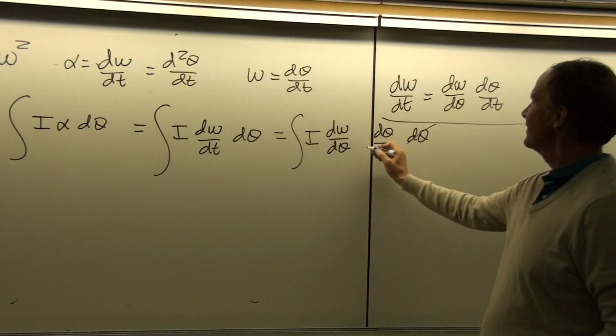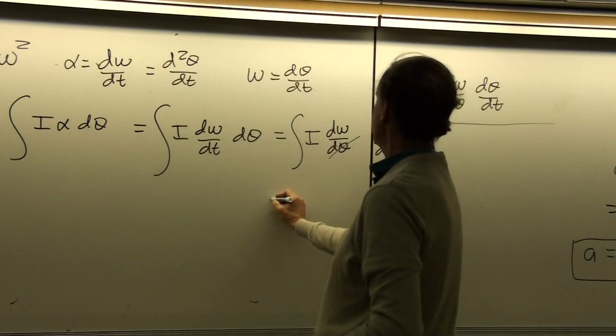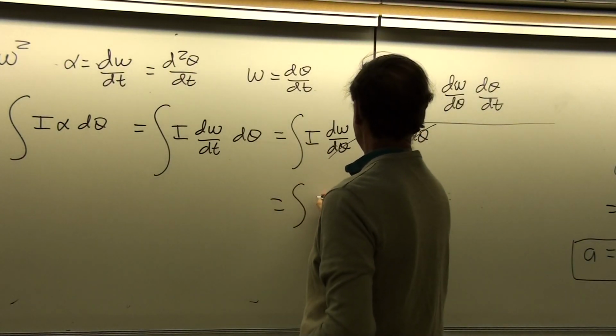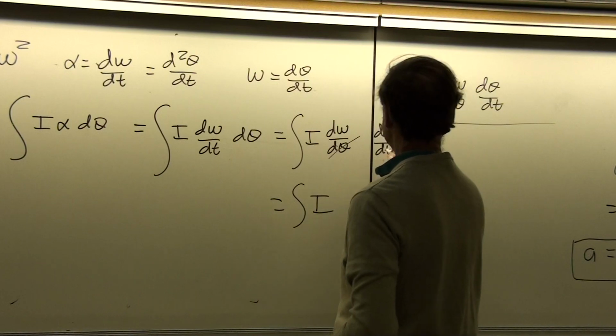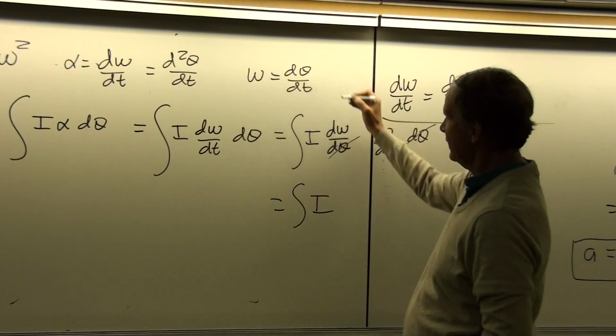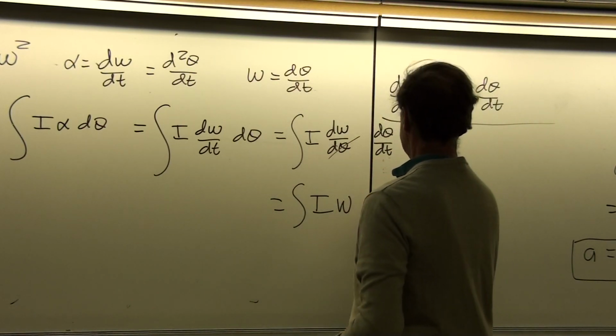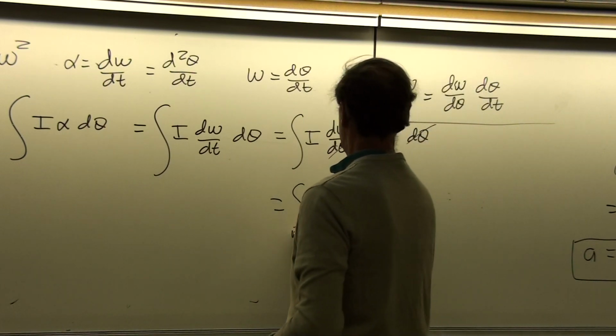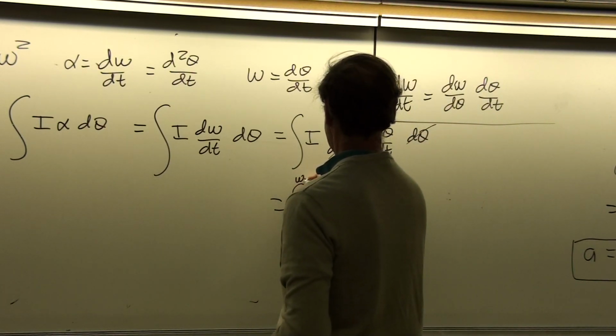So now we can cancel out the d thetas, and this becomes an integral over omega of I, and d theta dt is omega, so it's I omega d omega, from omega initial to omega final.